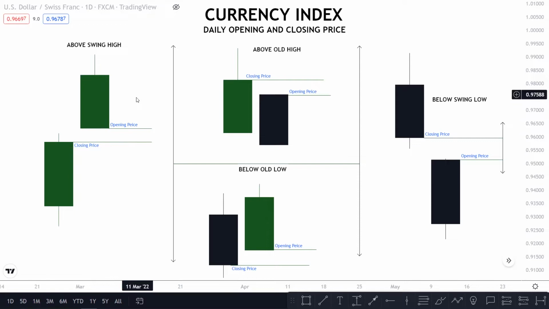I repeat, between the previous candle's close and the next candle's open, I want to see an imbalance. I will take you to the charts and show you these same things.